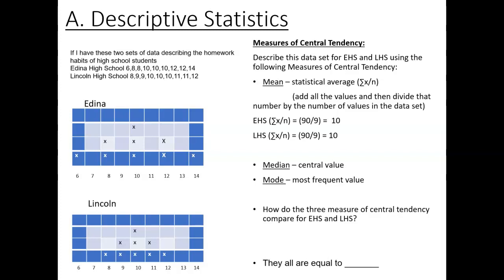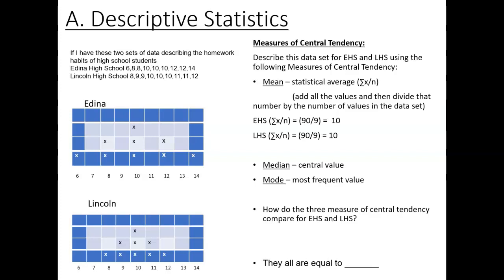So if you take the sum of x, so the sum of the number of hours of your data set, and you divide it by n, the number of items in your data set, then you get the statistical average, or the mean. So if we look at both EHS and LHS, even though their data sets are slightly different, they both end up being 90 divided by 9, or an average of 10 hours of homework per week.